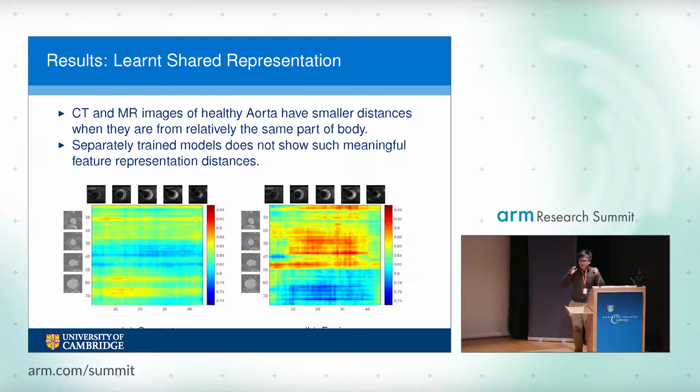That means if I take a CT image at this position, only the MR image at this position will show a smaller distance, which is the small blue square at the left side. But this behavior is only exhibited in the fusion models. That means this model is trained by fusing their middle layers, but it's not exhibited in the separately trained models, which is shown on the left.